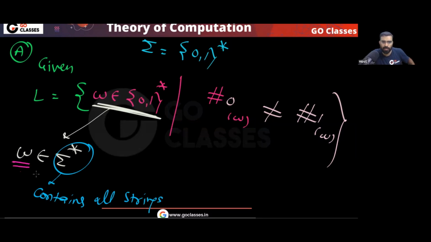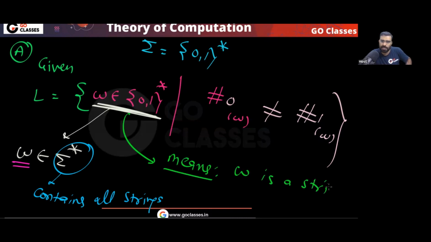So can I say W is a string? W belongs to {0,1}*. This means W is a string of 0, 1, right? Agree?